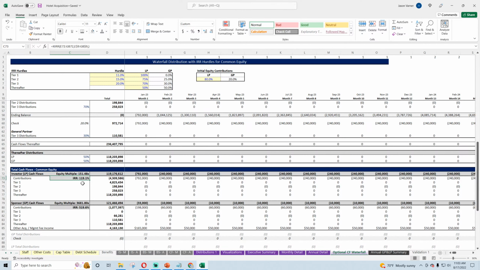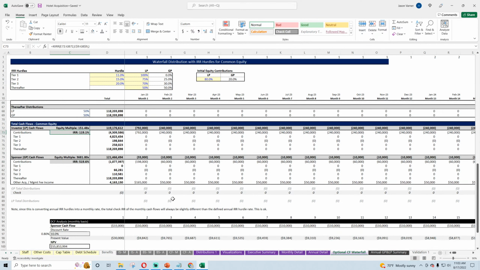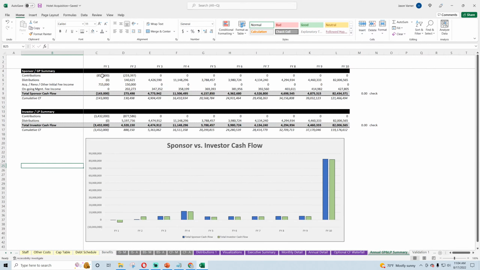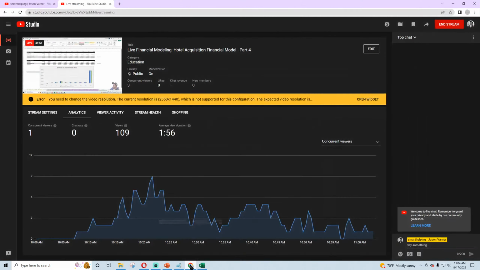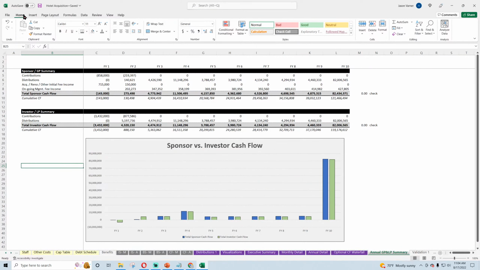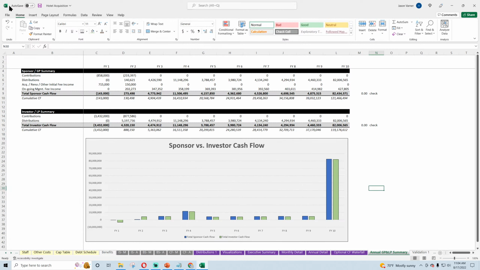Equity multiple, IRR. And those are based on a monthly basis, which is the most accurate. Now also, a little lighter day today. It happens.